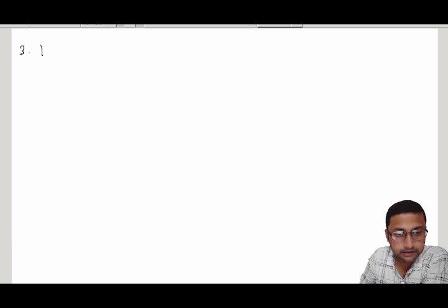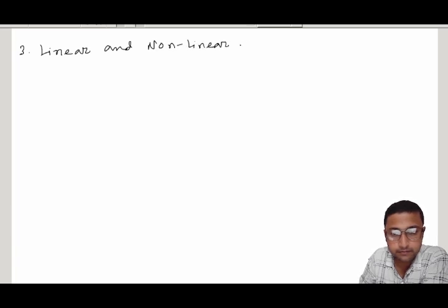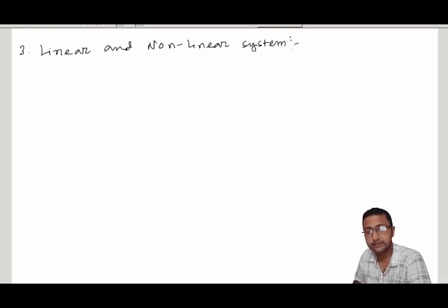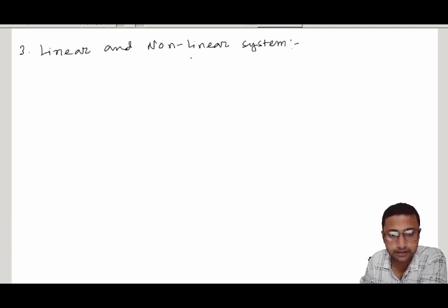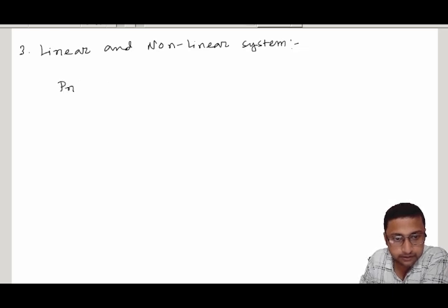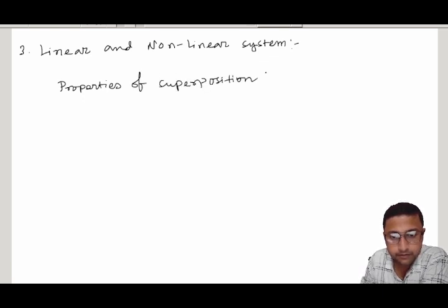The next part is number 3, linear system and non-linear system. So what is a linear system? A system, whether continuous time or discrete time, is said to be linear if it obeys the properties of superposition. This is the mainly important point. The linear system will follow the properties of superposition.